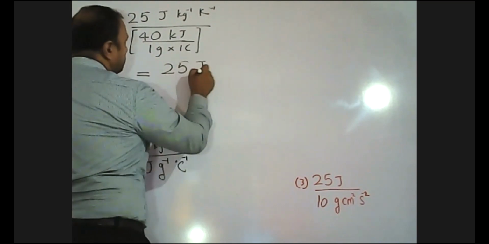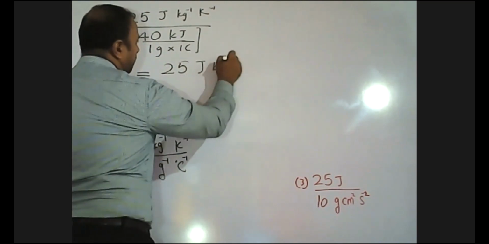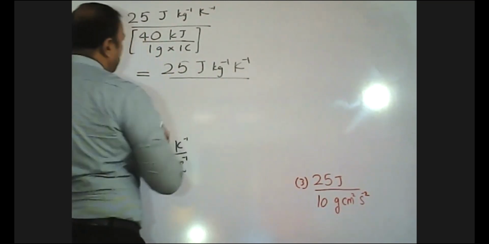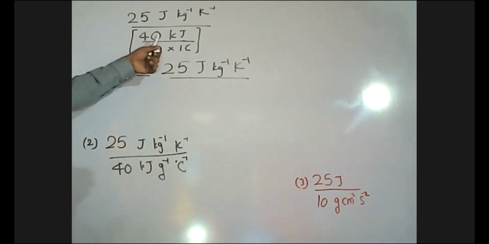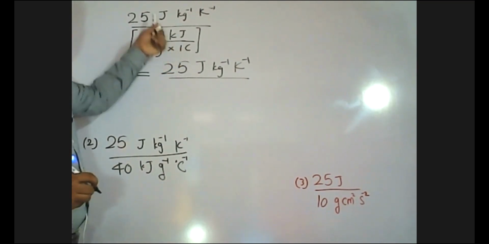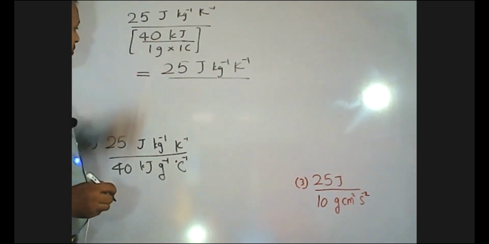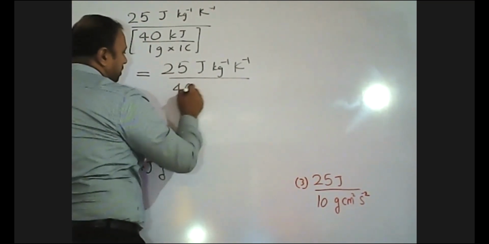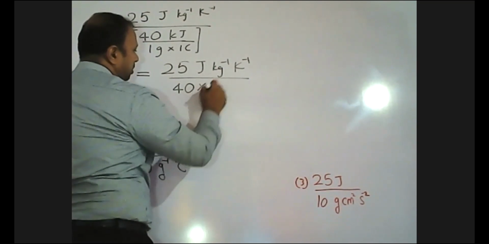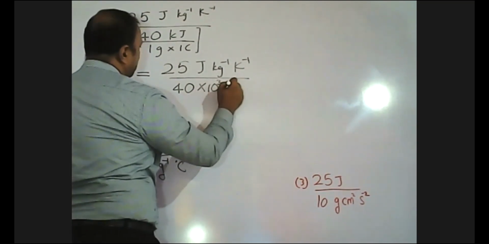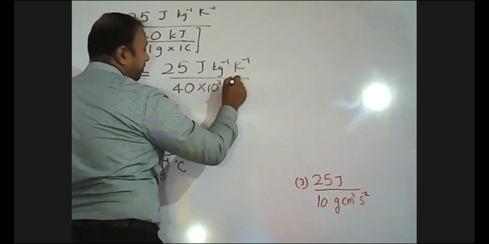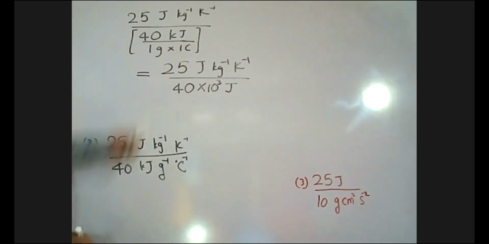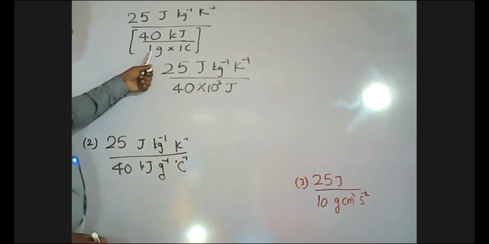Then 25 joule per kilogram per Kelvin. Now I have to convert kilojoule to joule, so I have to multiply this by 1000. Then gram to kilogram.